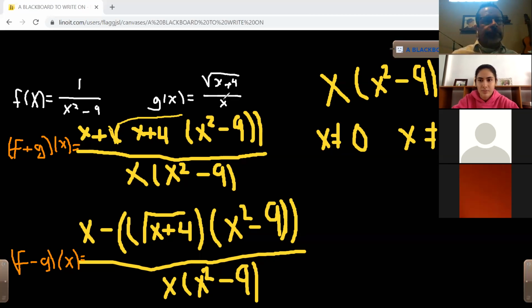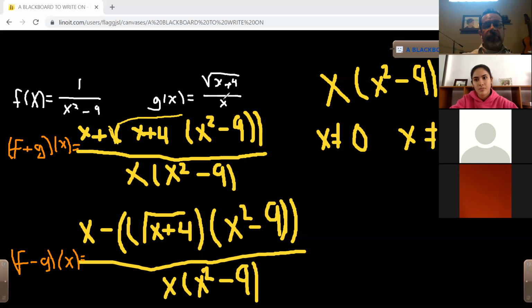Ready. Okay, perfect. So basically, this is very important because we're linking everything up. Remember that for the domain, we've got the restrictions. What are the restrictions? We can't have a 0 in the denominator or square roots that are negative, okay?